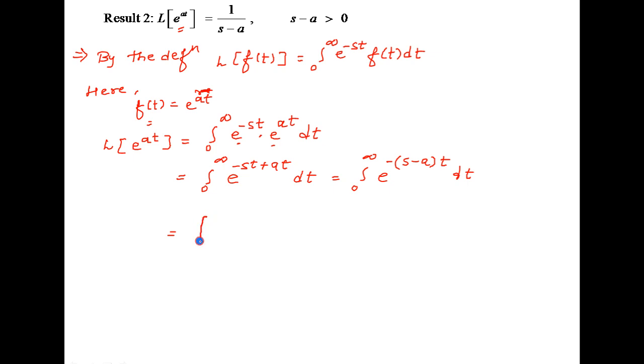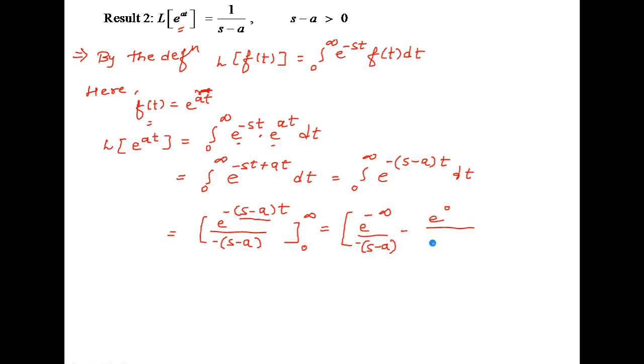So here the integration will be e to the power minus s minus a into t upon the constant term, which is minus s minus a, applying the limit from 0 to infinity. Now putting in the upper limit gives e to the power minus infinity upon minus s minus a, minus e to the power 0 upon minus of s minus a.